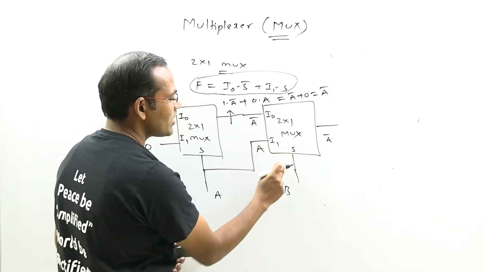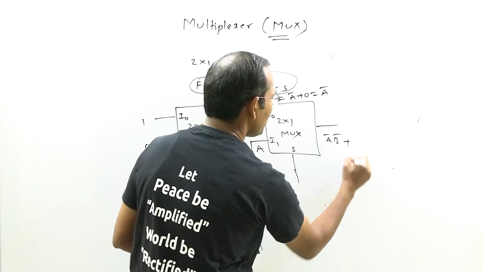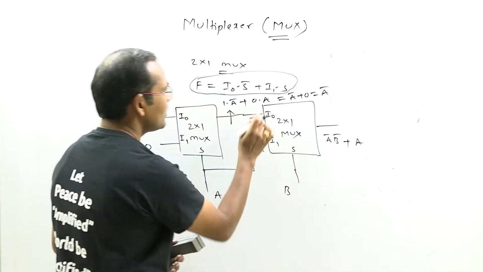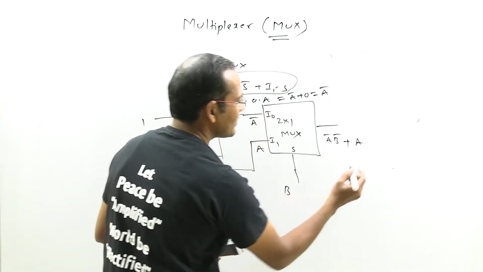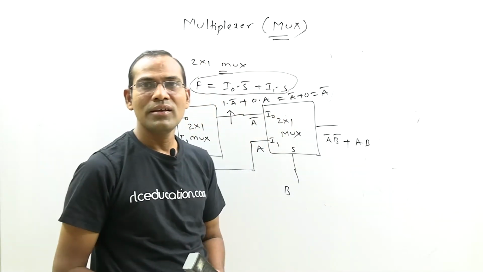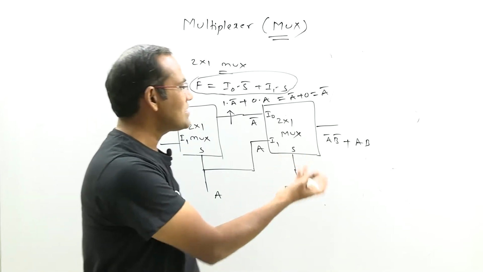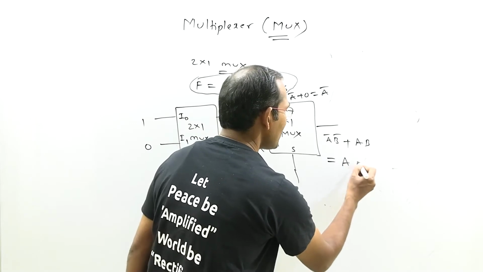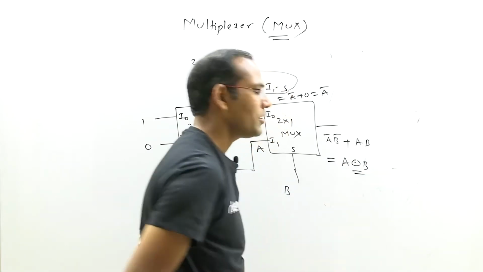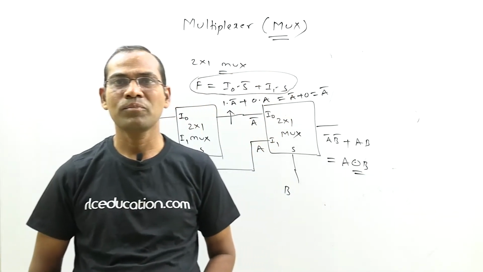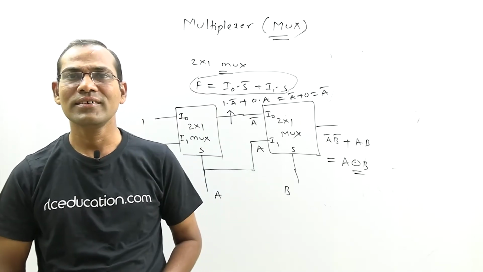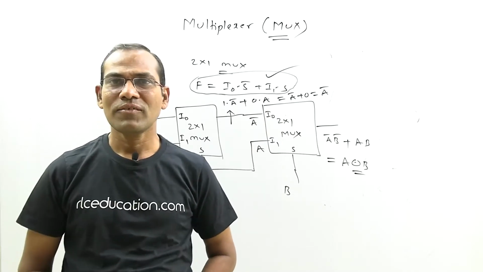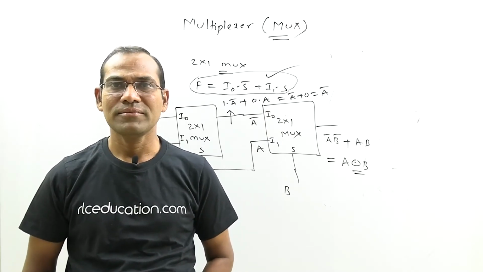Here S is B, so S bar will be B bar, plus I1 is A, I1 into S. This is one standard expression, A XNOR B. A XNOR B is the answer. Like this we may get questions. Just use this rule, that's all. By using that we can identify the answers very easily.